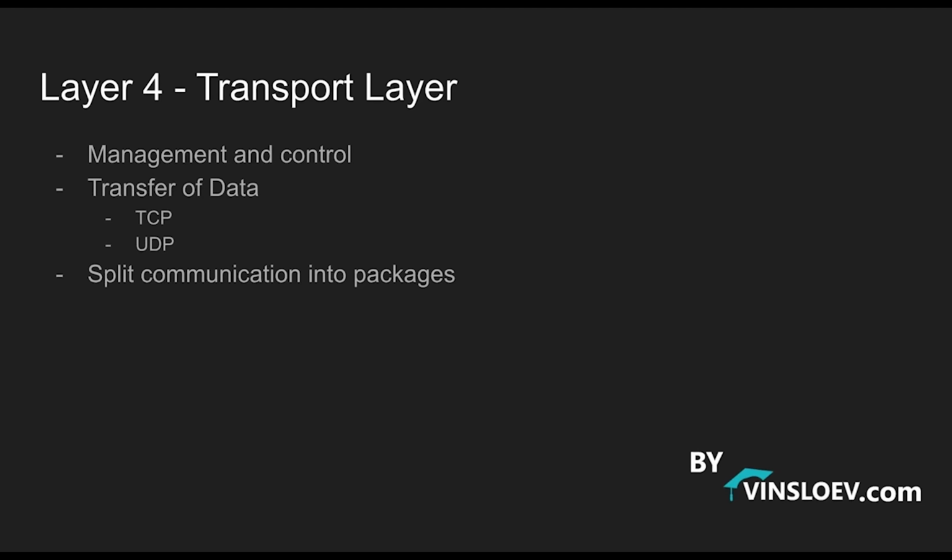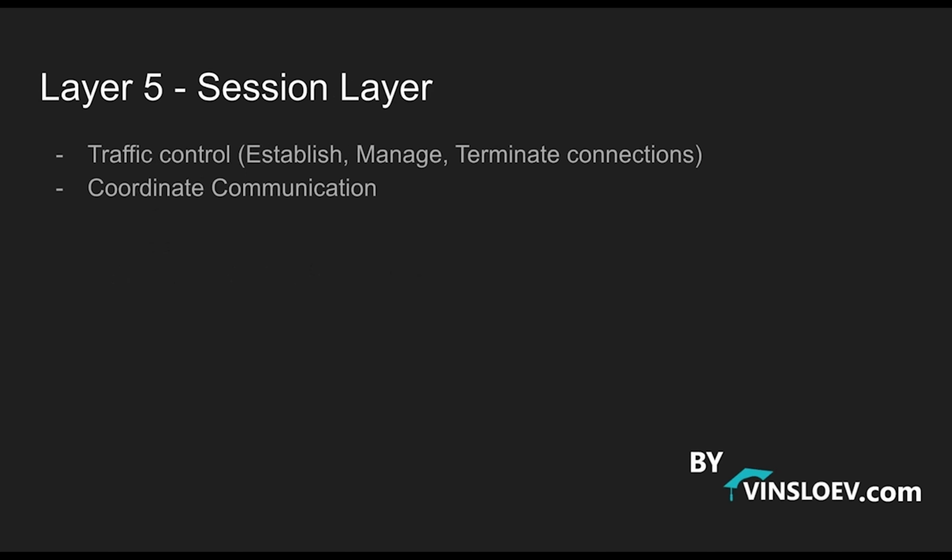So this is in the layer 4 that we are dealing with these two different protocols. And it is also where we are splitting the communication that is coming from the layers above layer 4 down into these packages.